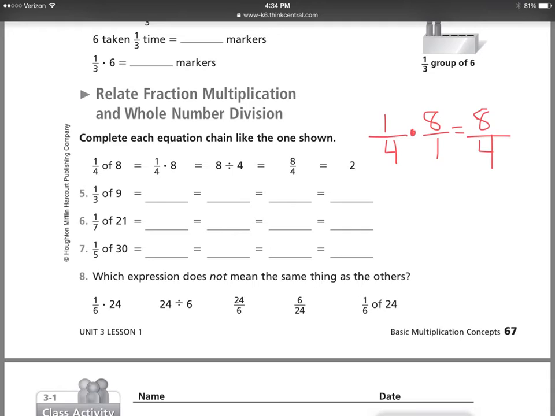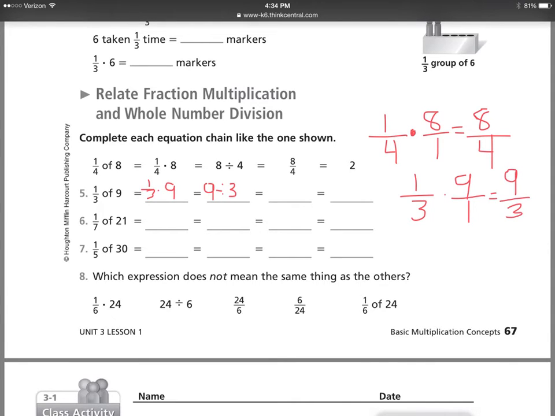1/3 of 9 is the same as 1/3 times 9, which is the same as 9 divided by 3. After you show your work over here of 1/3 times 9, change 9 into an improper fraction and multiply straight across.